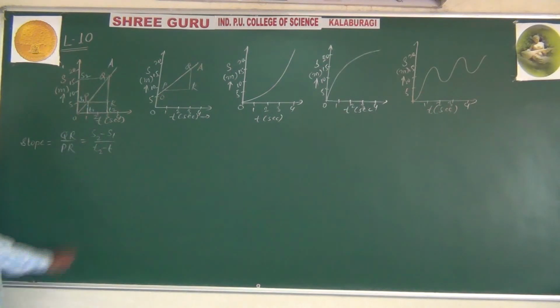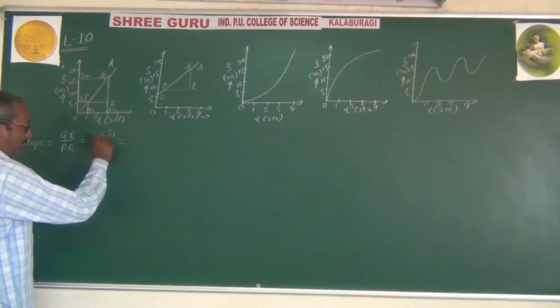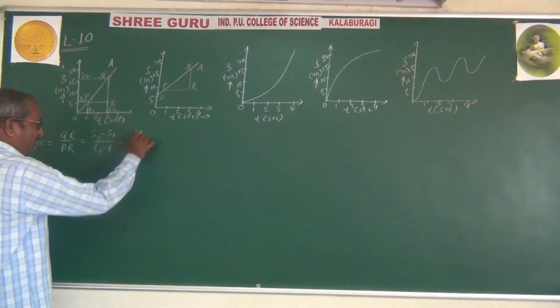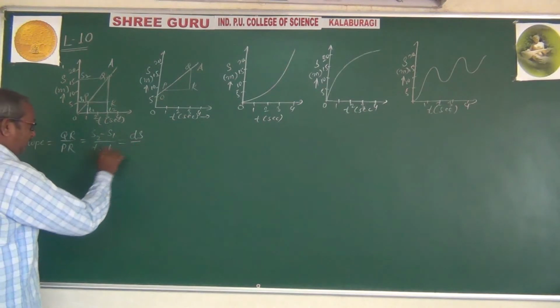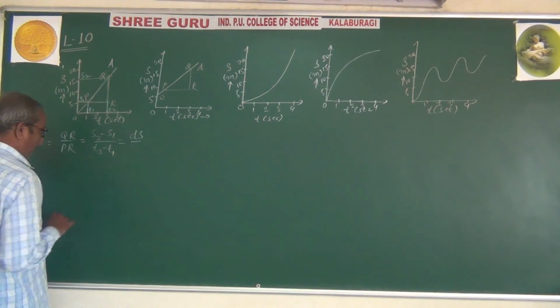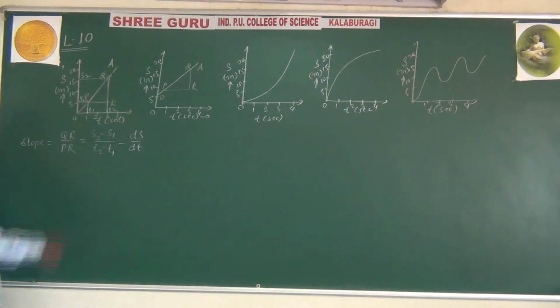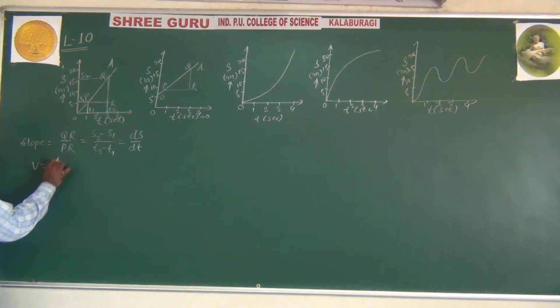Is it clear? This change in displacement we write as ds, and this change in time, the time interval, is dt. So slope equals ds by dt, which is nothing but velocity. Therefore velocity v equals ds by dt.